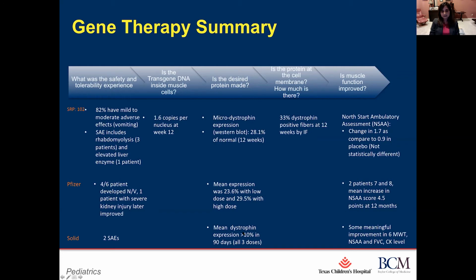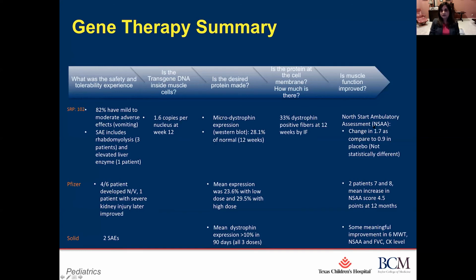And in the SOLID study, 1 patient actually improved 30 to 50% in mean dystrophin expression, but overall it's like 10 to 50% in 90 days, in all 3 doses.